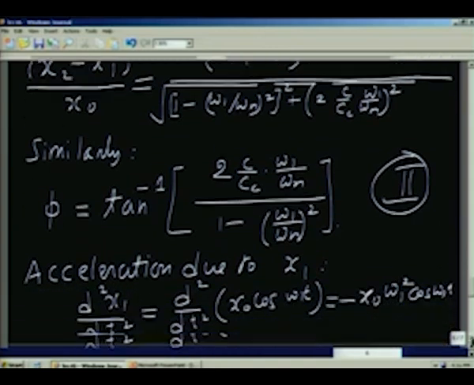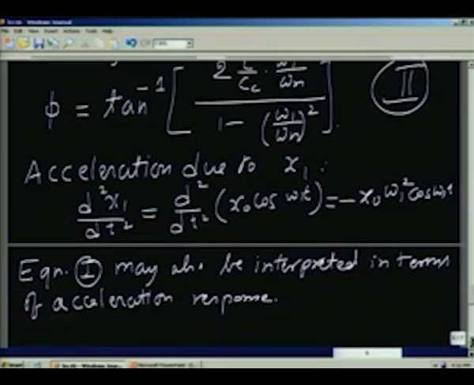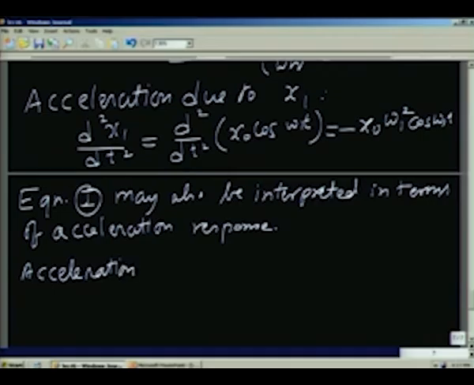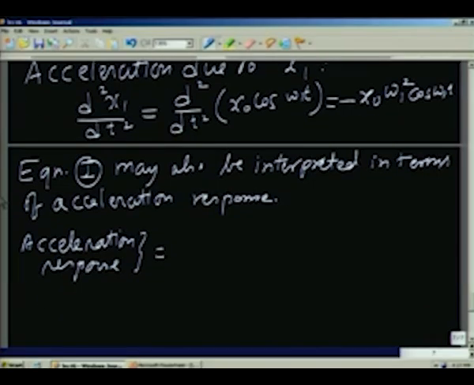Because omega n is a constant for any particular system, I need not worry about that. I can say that the acceleration response is given by the factor, and I will use the symbol k for that factor.